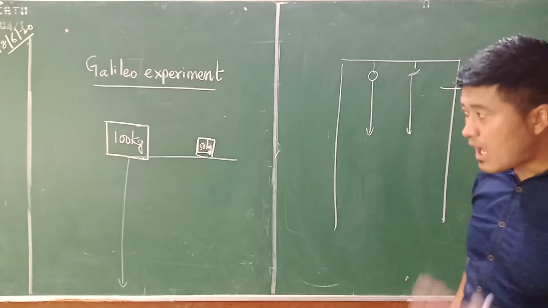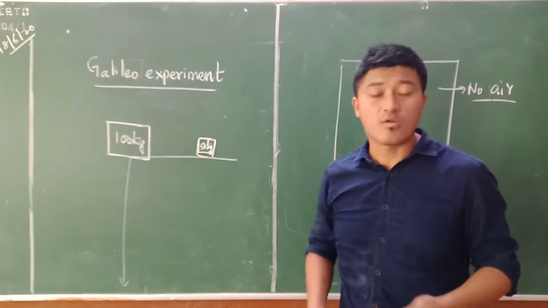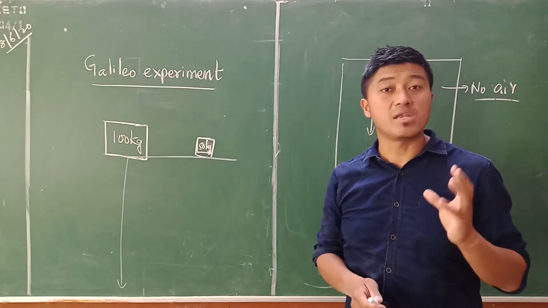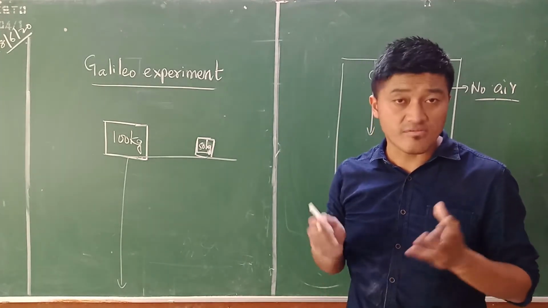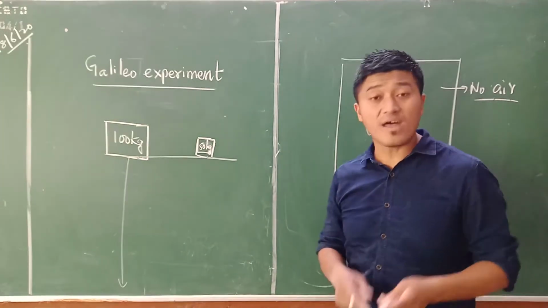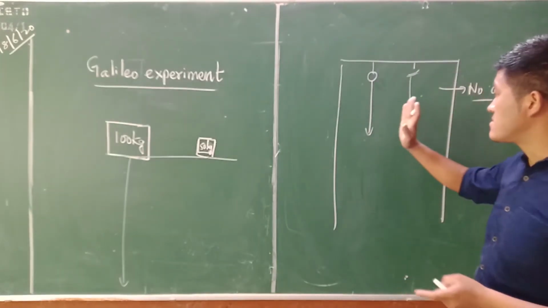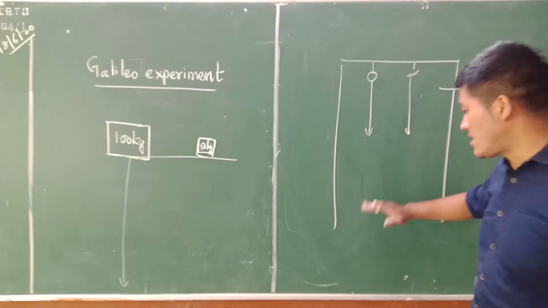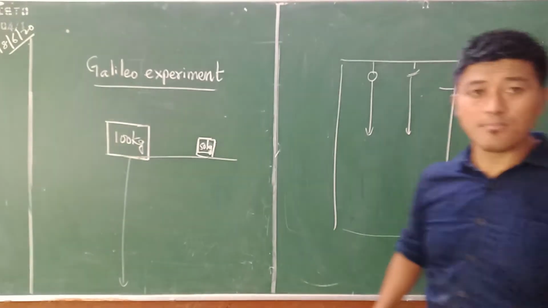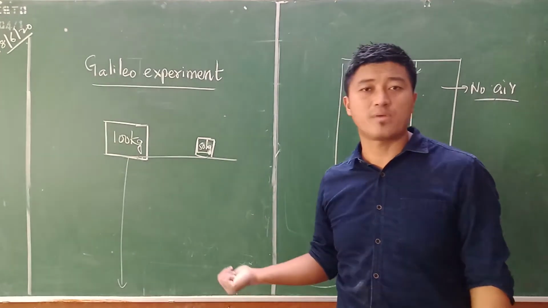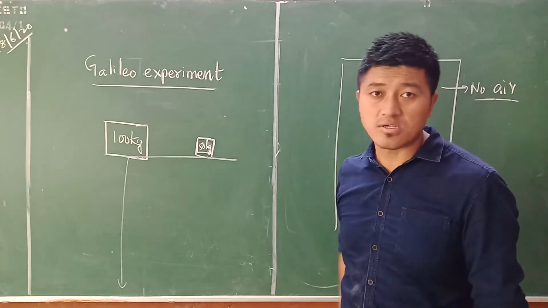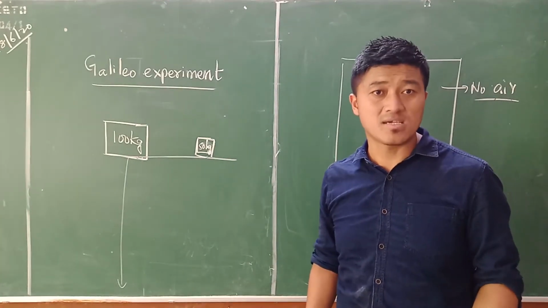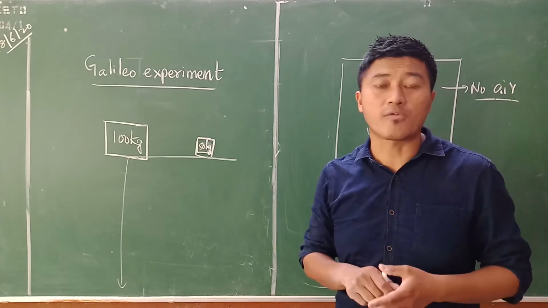Because in our general life, we have the presence of air resistance and many other factors. But if we remove that air resistance, these two, the ball and the feather, are going to reach the ground at the same time. This was the experiment conducted by Galileo, which says that mass doesn't make that much difference.